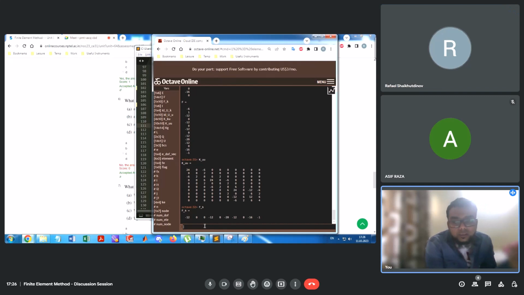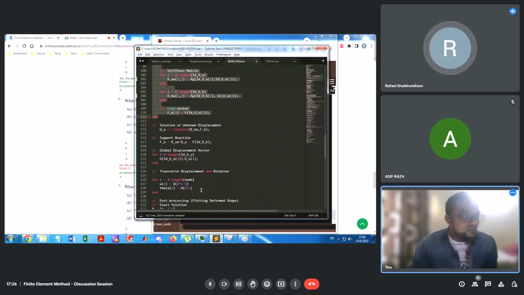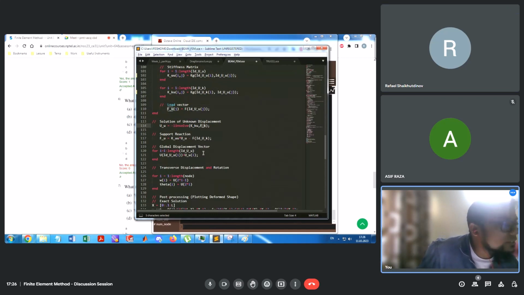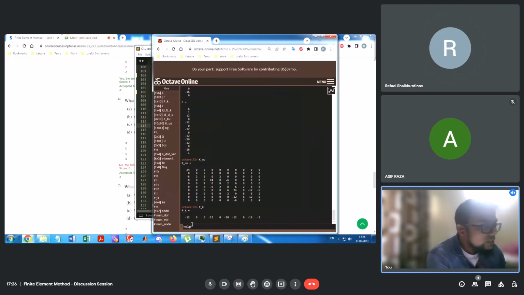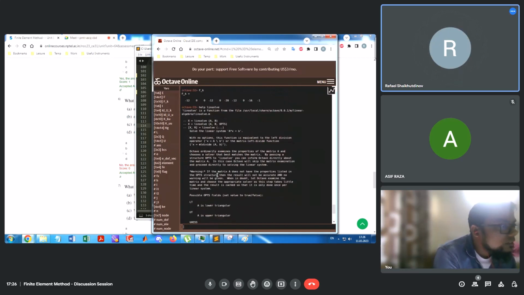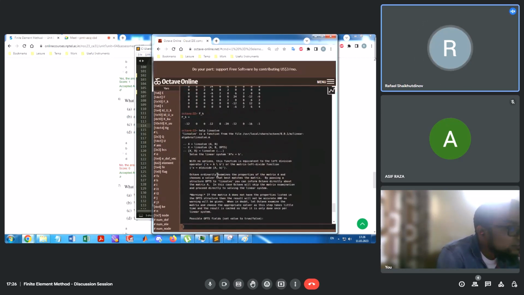Maybe in the coding part they must have transposed it. Let's check. No, I think naturally they are taking into account how to solve that thing. Then solve. I don't know this command. I believe it is an outdated command from a very old version of MATLAB.